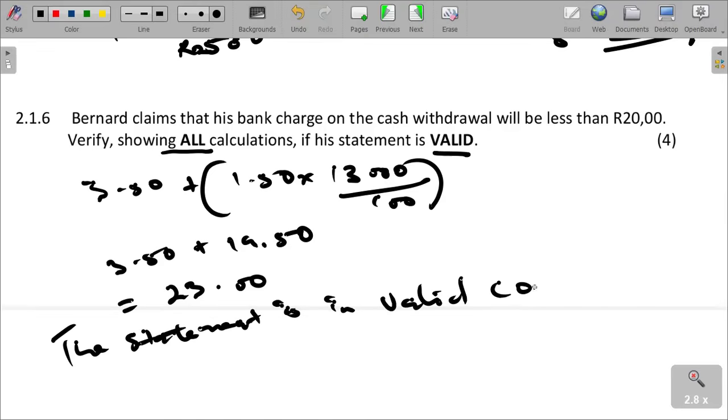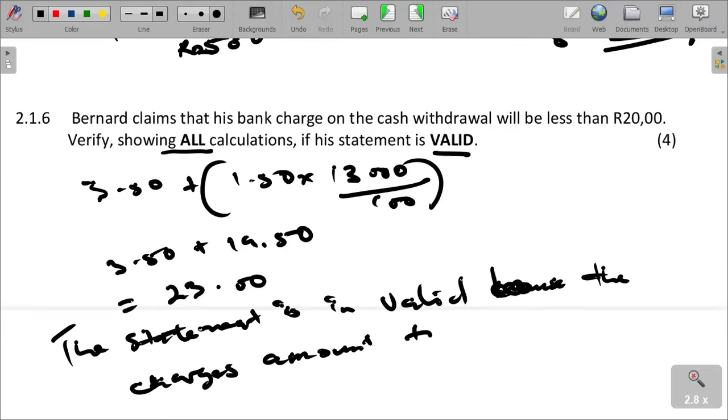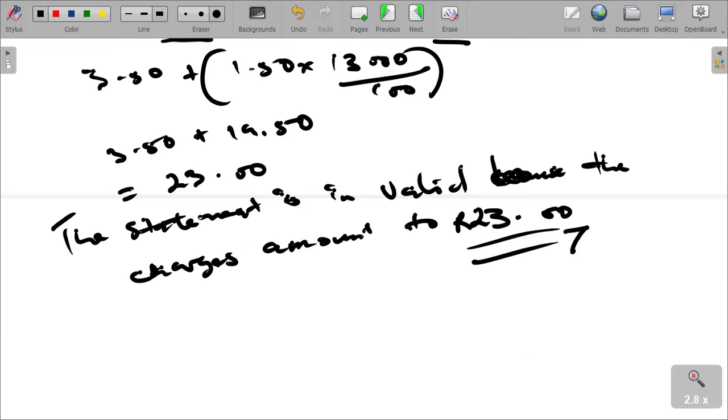Why? Because the charges amount to 23 rand, which is more than what he has said. So the statement is invalid here. He said 20 rand, but we find that the charges are more than 20 rand, which is 23 rand.